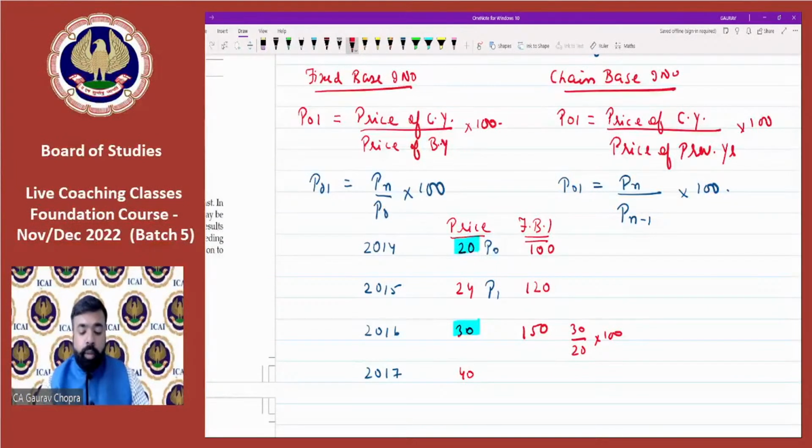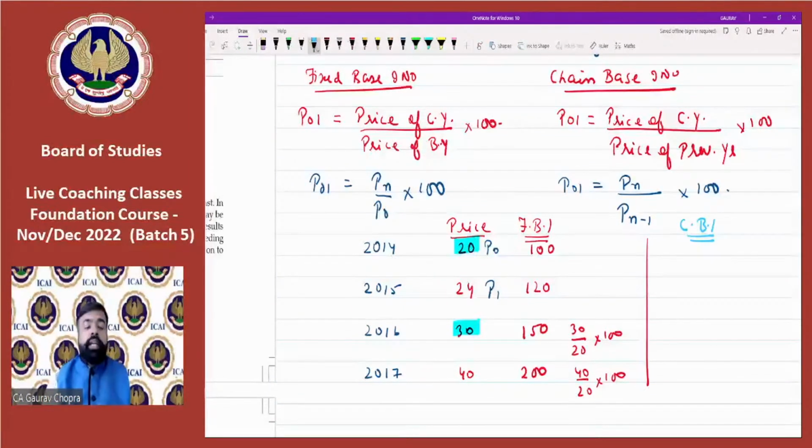And at last, 40 upon 20 into 100. We are getting 200. So this is the FBI, fixed base index number. Now similarly, we can calculate the CBI, chain base index number.